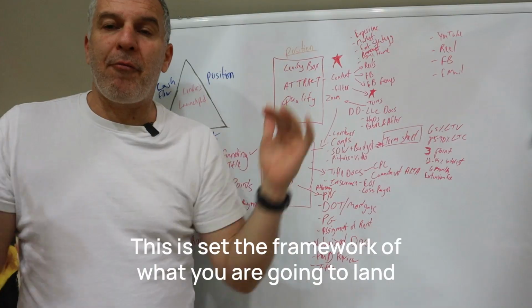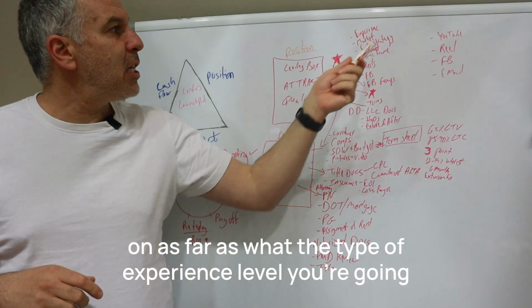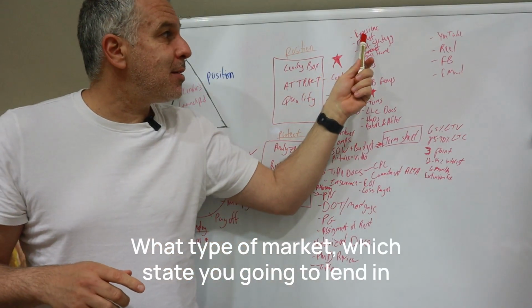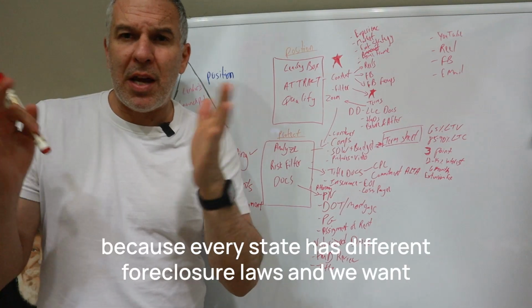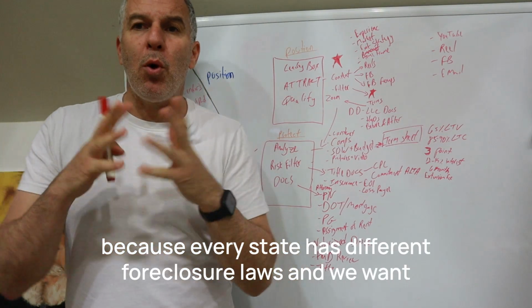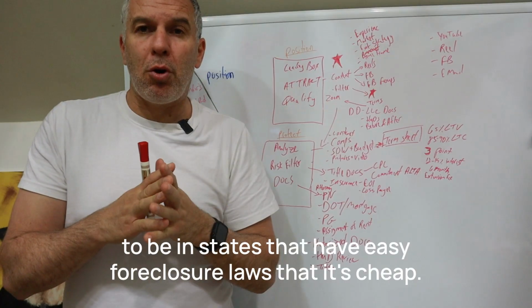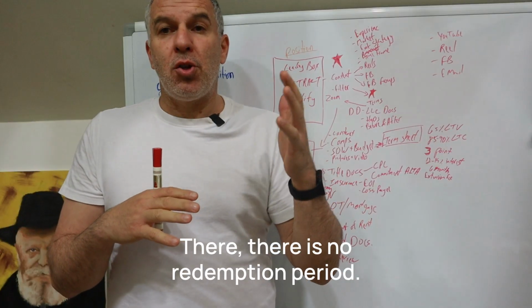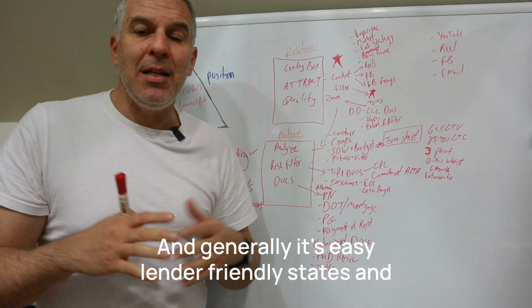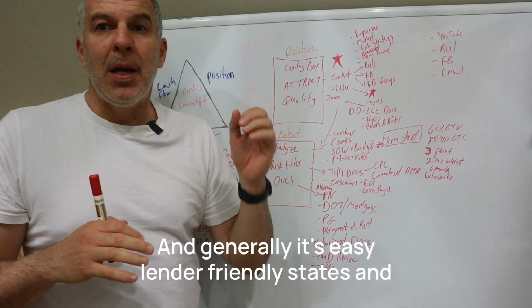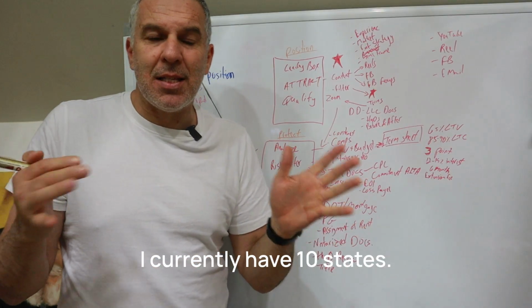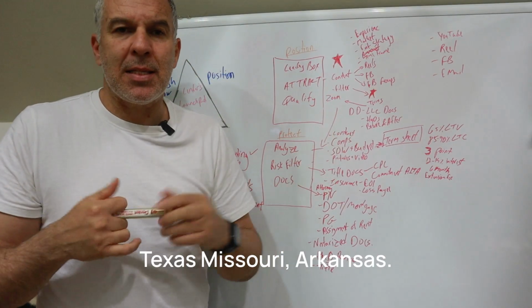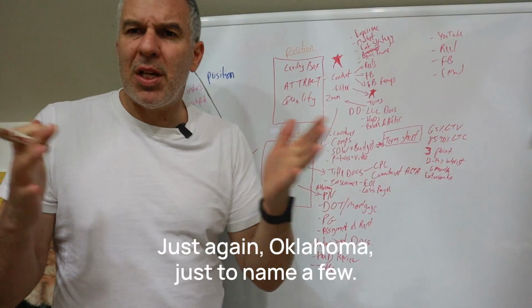This is the framework of what you are going to lend on, as far as what experience level you're going to require from your borrower, what type of market, and which state you're going to lend in, because every state has different foreclosure laws, and we want to be in states that have easy foreclosure laws, where it's cheap, they don't require licensing, there is no redemption period, and generally they're lender-friendly states.